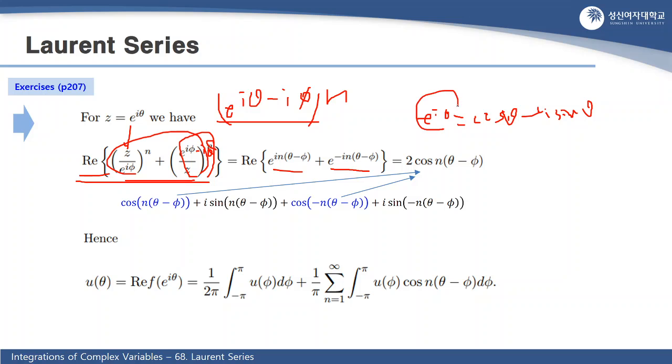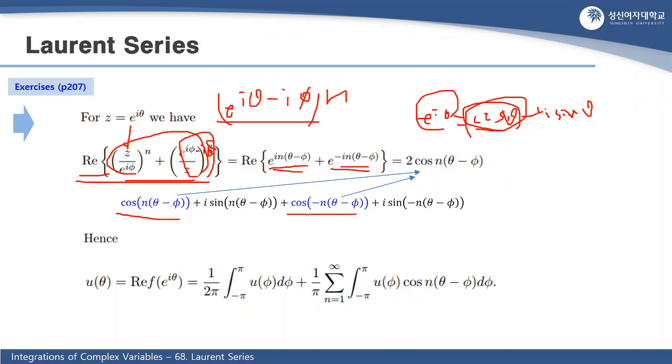So the real part comes from this, which is exactly this. From this we get cosine of n times (theta minus phi), and from this we get cosine of negative n times (theta minus phi).